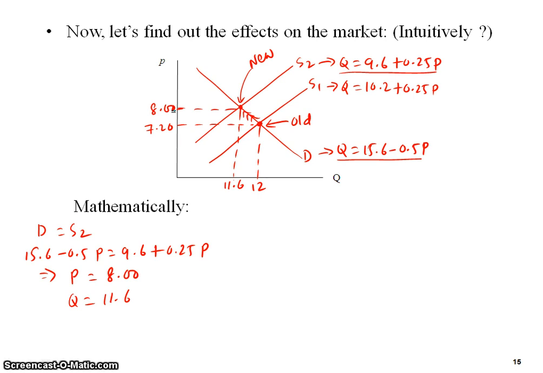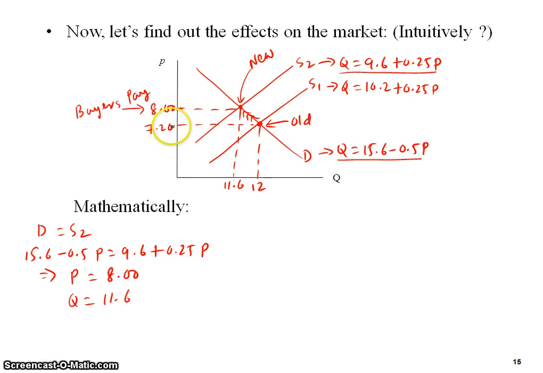Okay, so this is the price that the buyers pay.